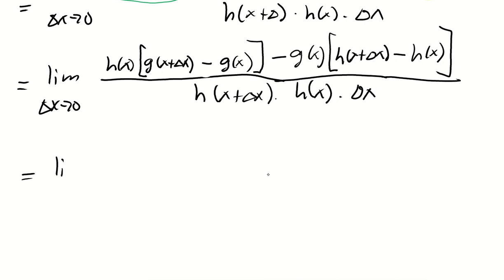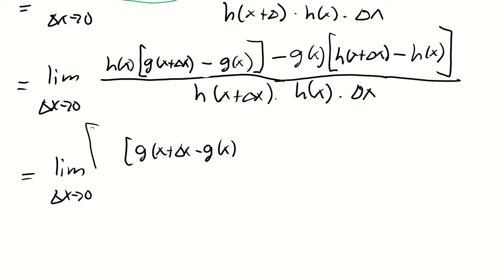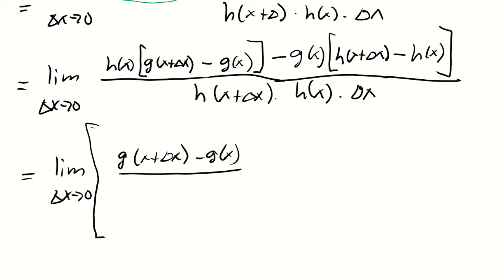This will be the limit as delta x approaches 0 of g of x plus delta x minus g of x, then divided by delta x, then times, I still need to multiply it with h of x.